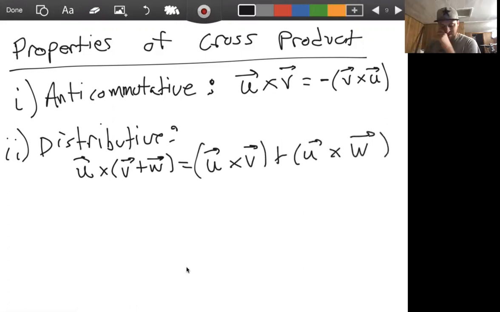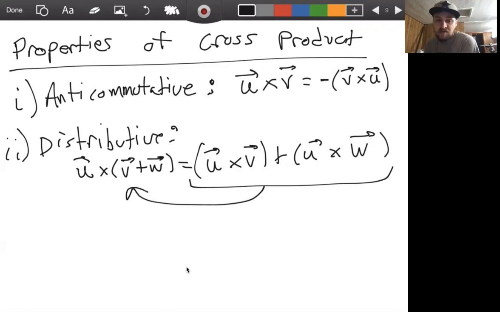You see here we can distribute the u to both the v and the w when taking the cross product. And one reason this may be helpful is actually to go in the opposite direction. It would be to start on the right-hand side of this equation and go backwards. Because if you notice over here, you would have to compute two cross products. However, we know if the cross product is distributive, over here, you can just take vector addition and then only have to take one cross product. So we could have an advantage there.